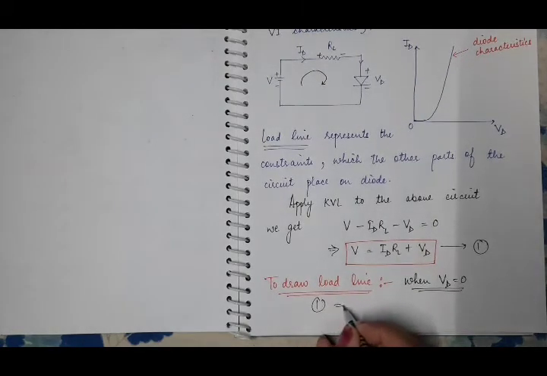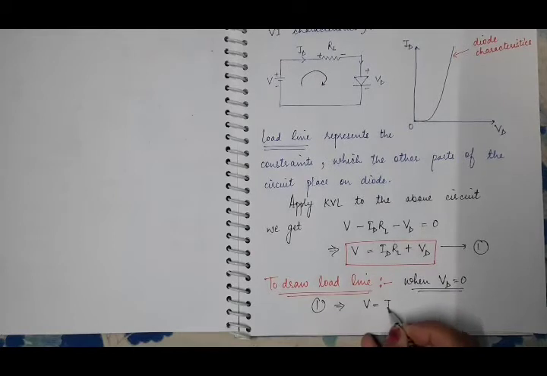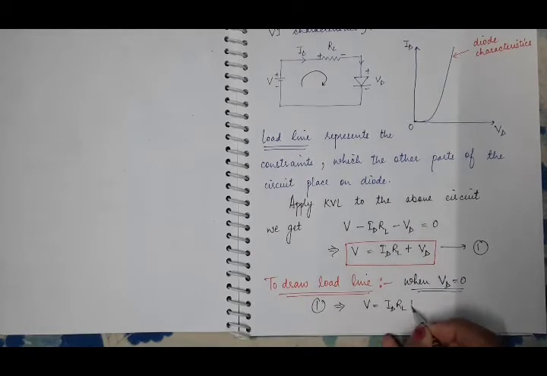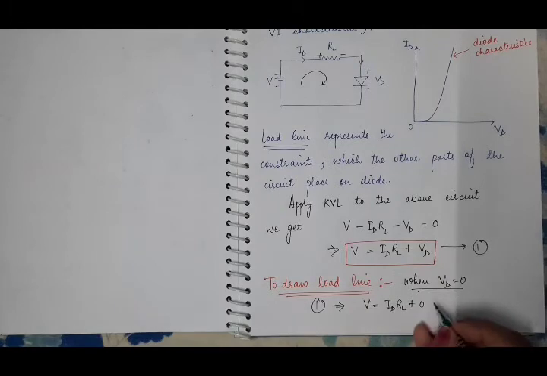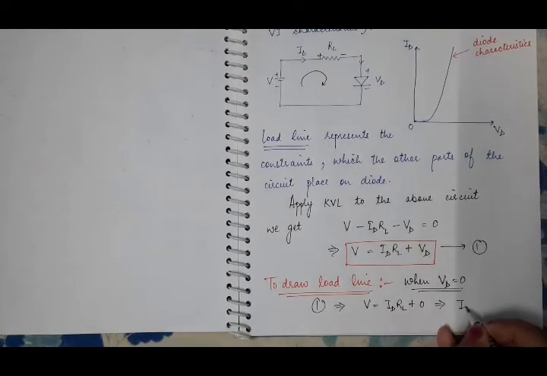So equation 1 implies V is equal to IDRL plus 0, which implies ID is equal to V by RL.